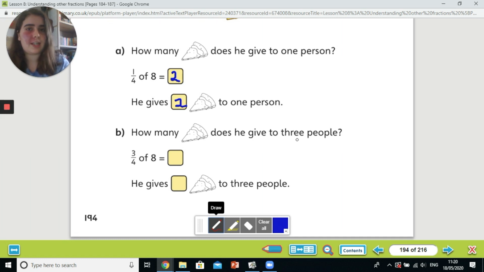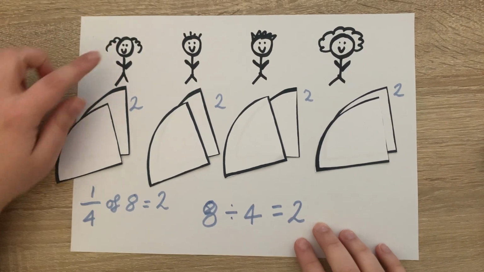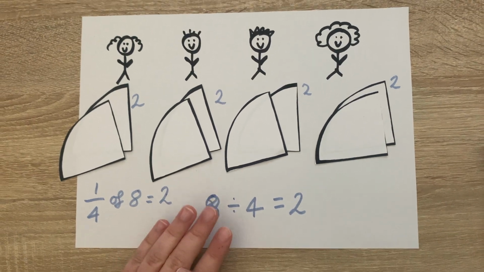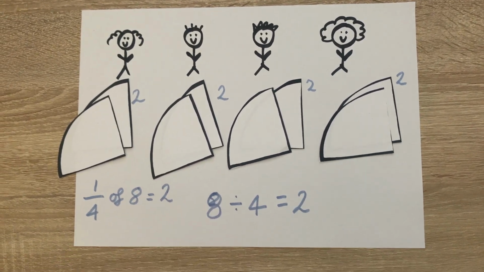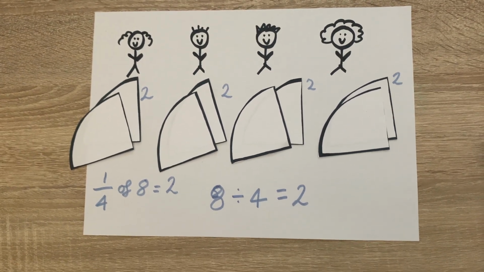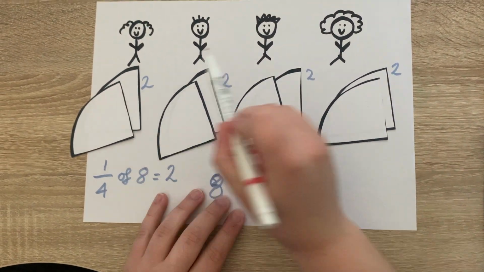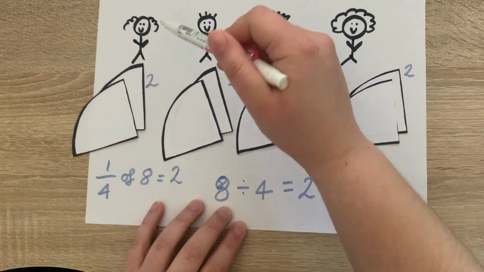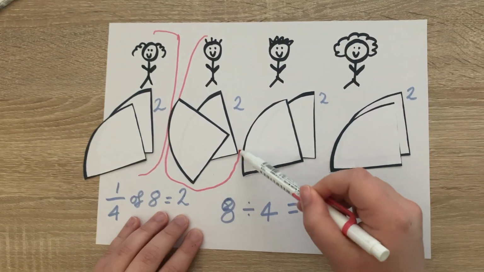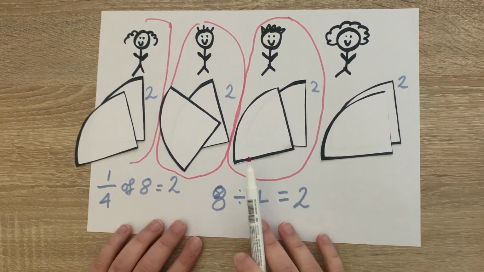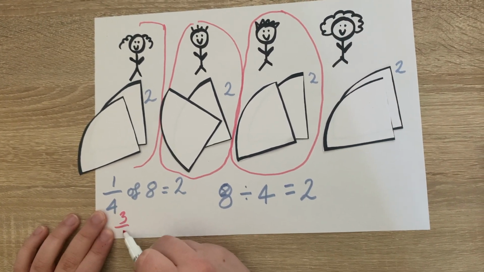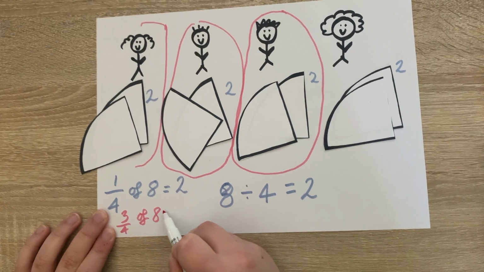Let's go back to our representation and see if we can work it out. So one person gets 2 pieces of pizza. So how many pieces of pizza in total would Gino have given to 3 people? That means that we need to look at 3 of our groups. So 1/4 of 8 is 2, and we are working out 3/4 of 8.